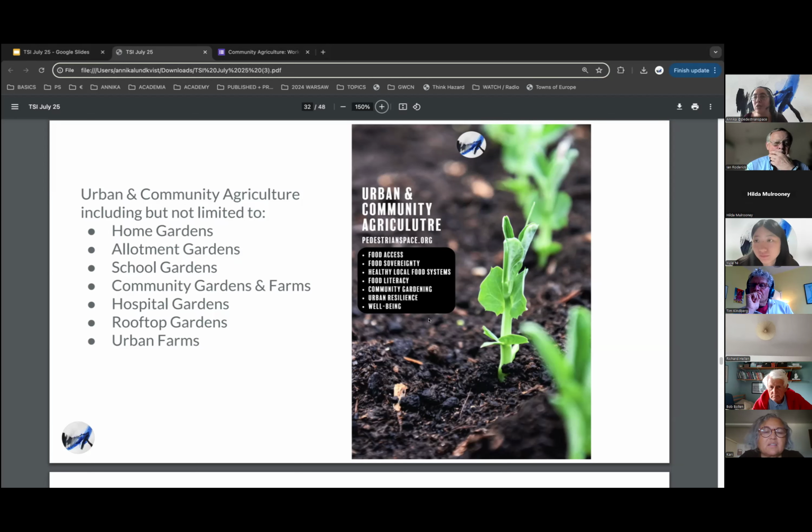And also looking at issues of food access, including lack of access. Food deserts are probably one of the most critical issues here. Food sovereignty, there's so much interesting work going on with food sovereignty across the world. And local healthy food systems, food literacy, which really excites me to get involved with, community garden, how this all connects with urban resilience and well-being.